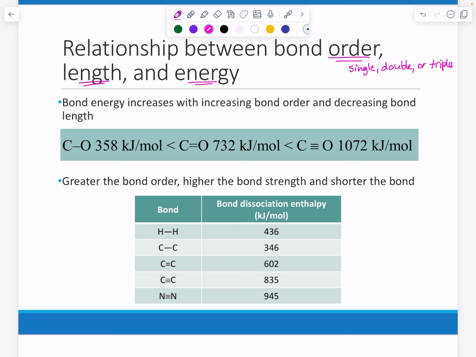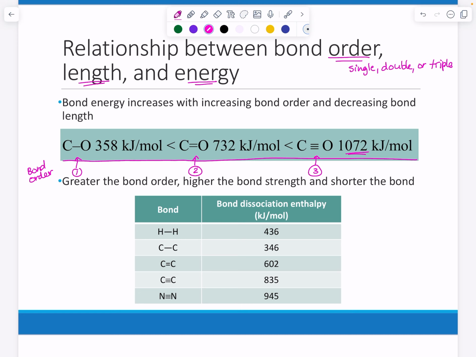So if we just look at carbon, and if we take a carbon-oxygen bond and we change that from being a single bond to a double bond to a triple bond, our bond orders would be 1 here, 2 here, and 3 there. And as you'll notice, as you increase the bonds, the bond enthalpy increases, right?